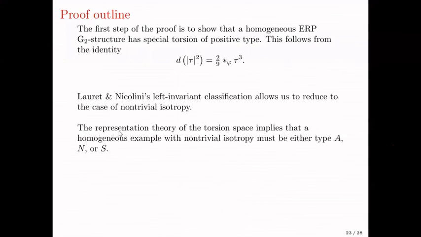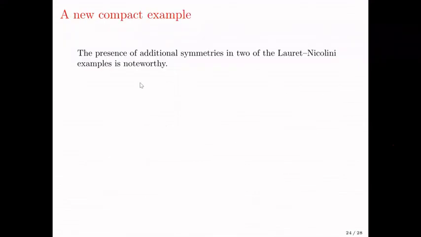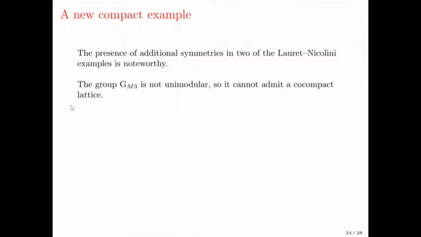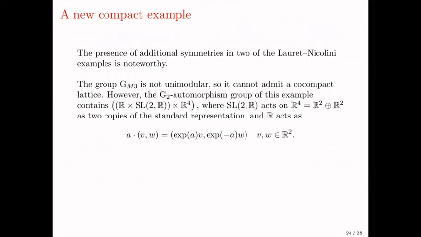One interesting thing, I said that these extra symmetries here are useful. Well, this group GM3 that appears in their examples is not unimodular, so you definitely couldn't get a co-compact lattice there to produce compact examples. But the G2 automorphism group is larger.